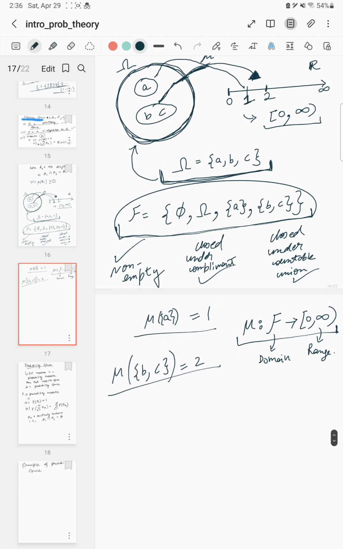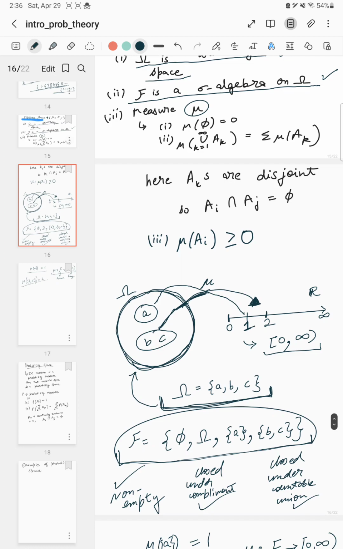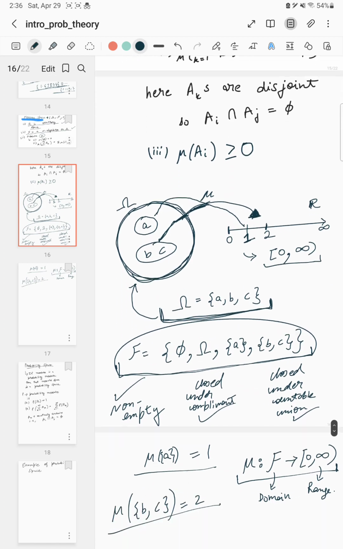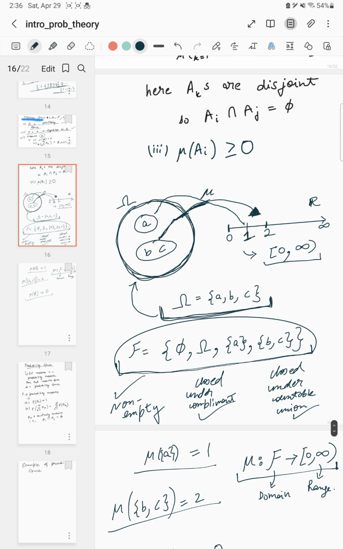Now let's see what are the properties of this. So it is defined that mu of the null set should always point to 0. So if you take the measure of the empty set, it should be 0, and it makes logical sense because you would use it to measure certain quantities, and measuring emptiness is nothing but 0.